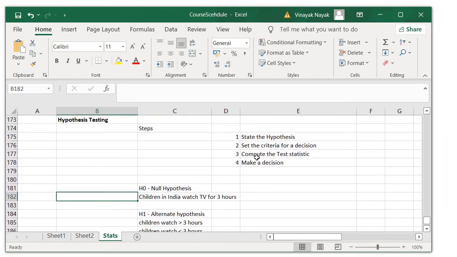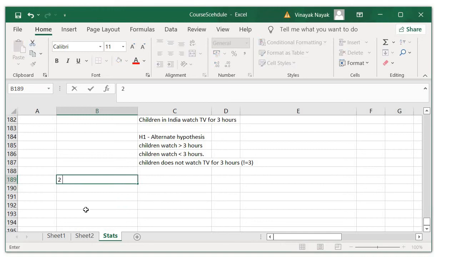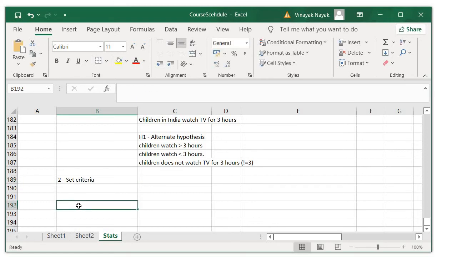Now the second step is to set the criteria for a decision. To set the criteria, we state the level of significance for a test.